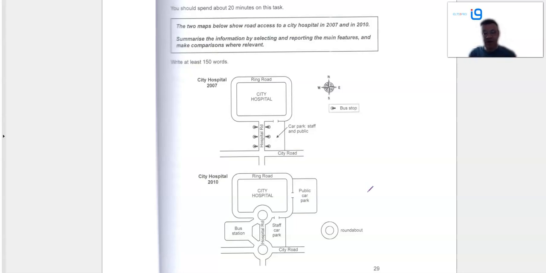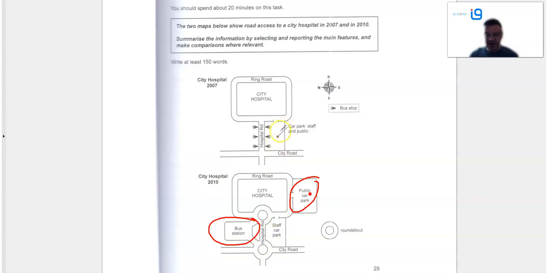So, if we consider this right now, we can see the hospital is unchanged, the ring road is unchanged, hospital road and city road, they're still there, but we've got new public car park, bus station, so we've got new infrastructure, this and this.